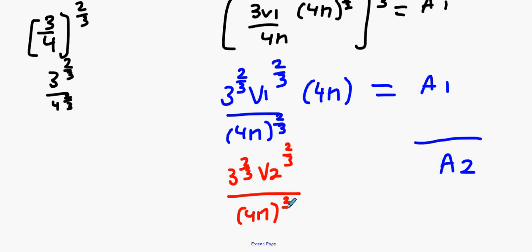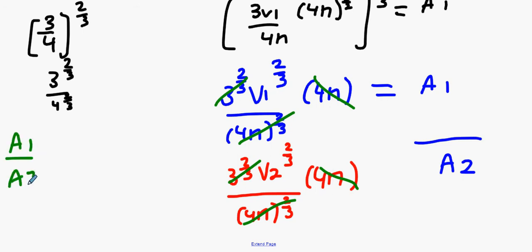Now, what's going to happen to every single variable? Gone, gone, gone, gone, gone, gone. And what do we have left? About time we got this. We have phi1 to the power 2/3 divided by phi2 to the power 2/3.